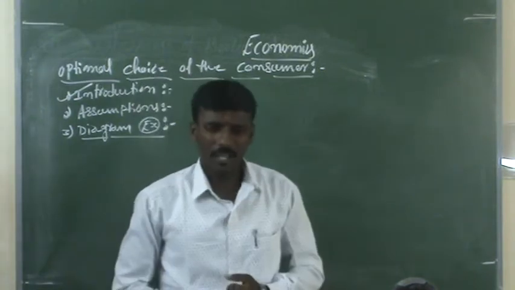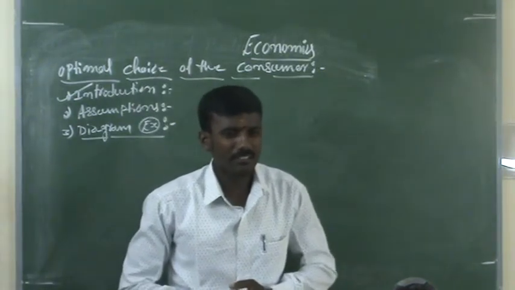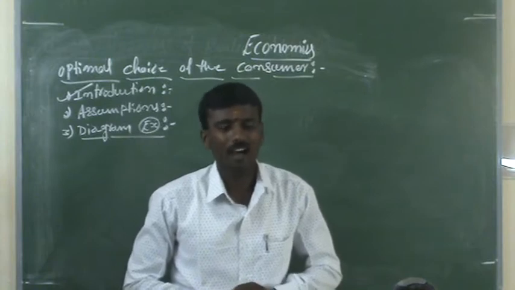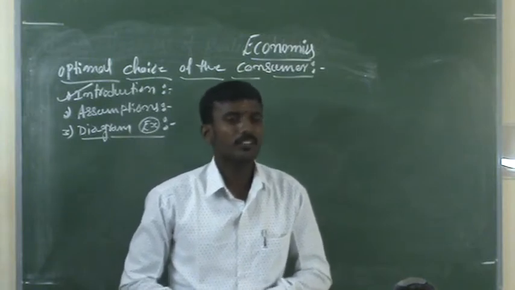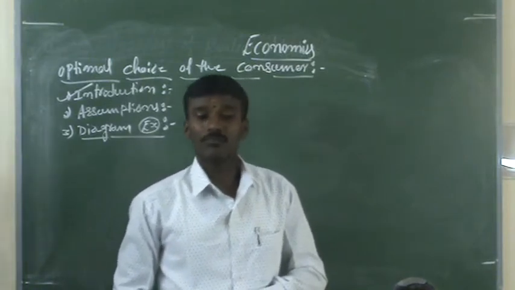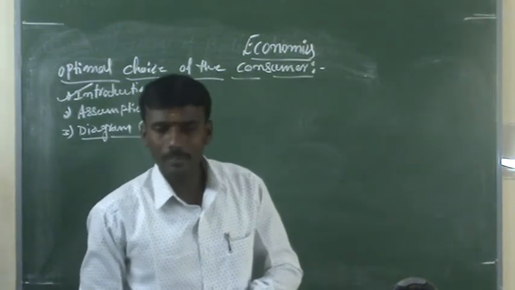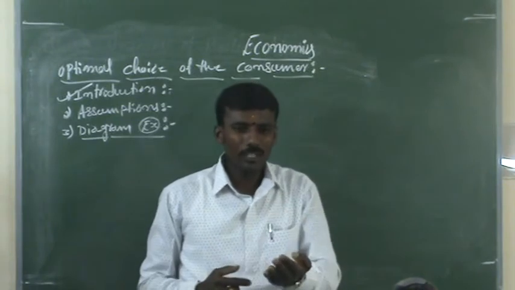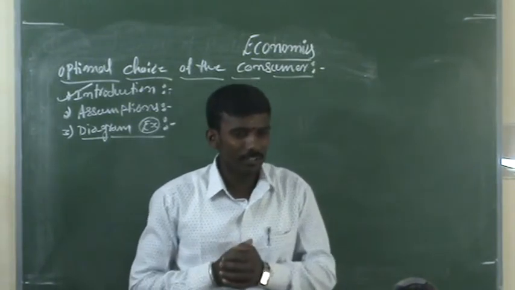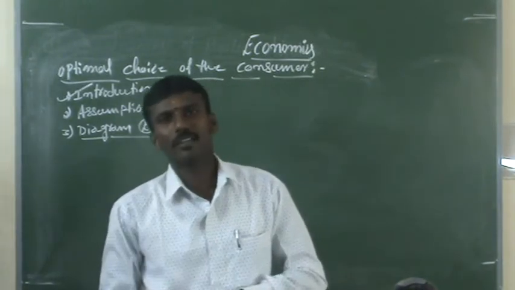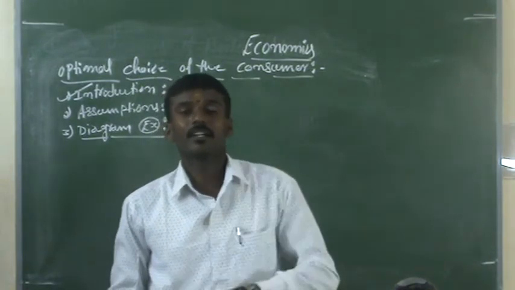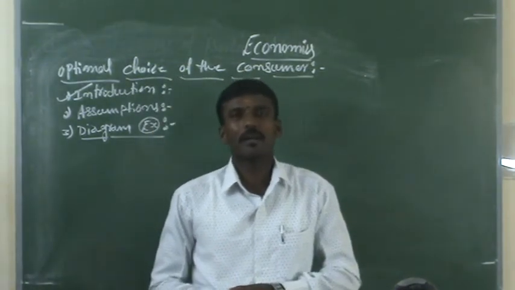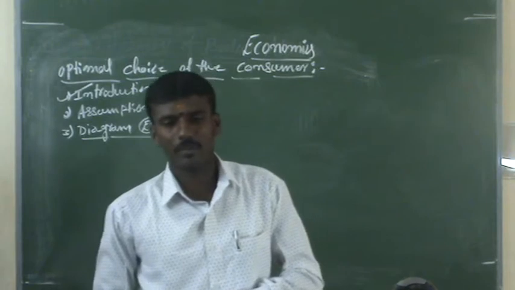See, simply I said that the budget set will contain the bundles of goods that are available to the consumer or individual. ಒಬ್ಬ ಅನುಭೋಗಿ ಇಲ್ಲ ಒಬ್ಬ ವ್ಯಕ್ತಿಗೆ ಲಭ್ಯವಿರತಕ್ಕಂತ ಸರಕುಗಳ ಗುಂಪು ಅಥವಾ ಬಂಡಲ್ಸ್ ಆಫ್ ಗೂಡ್ಸ್ ಅಂತಕ್ಕಂಥ ಅವೈಲಬಿಲಿಟಿ ಇರುತ್ತೆ.